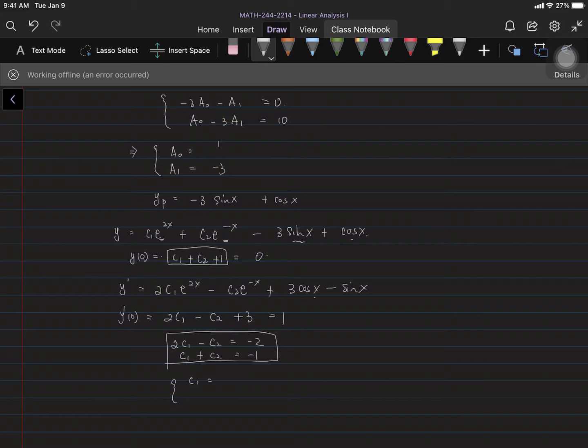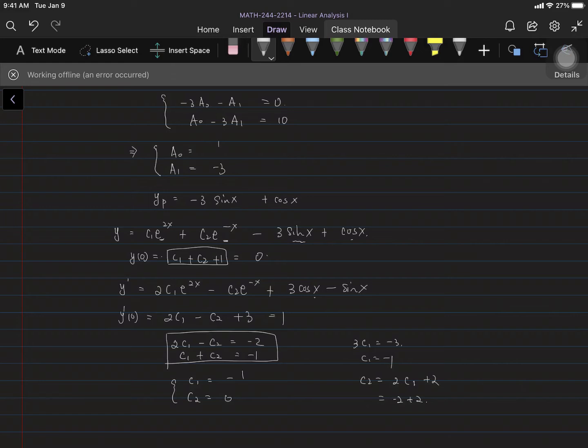Sorry, when we add those, it's going to be 3. C1 is negative 1. And what is C2? C2 equals 2c1 plus 2, so it should be negative 2 plus 2, should be 0.